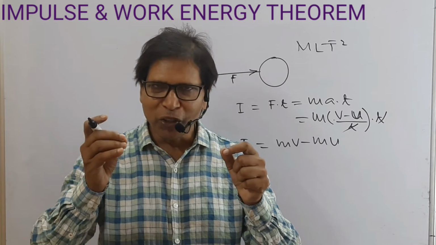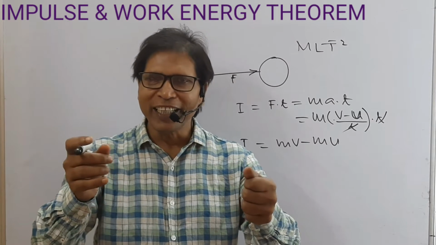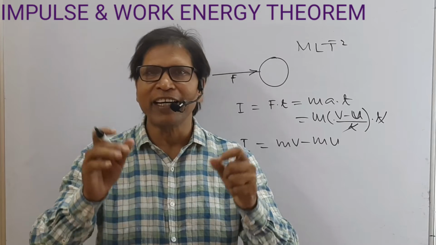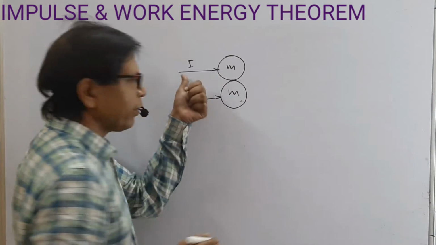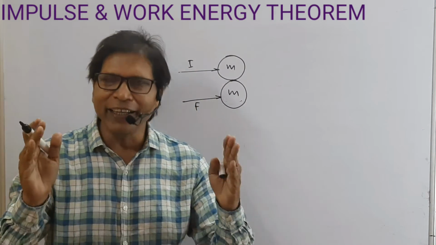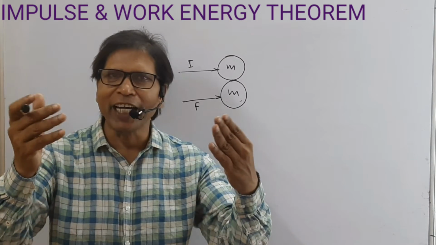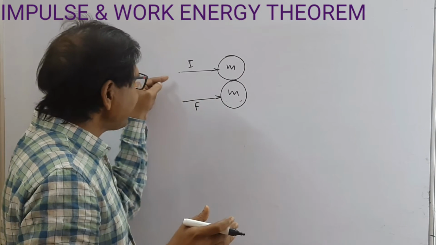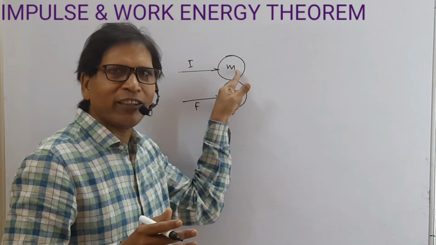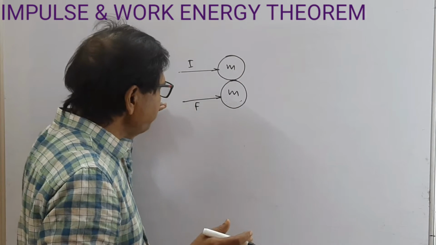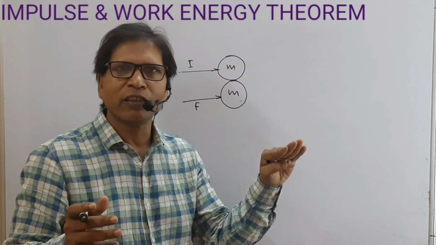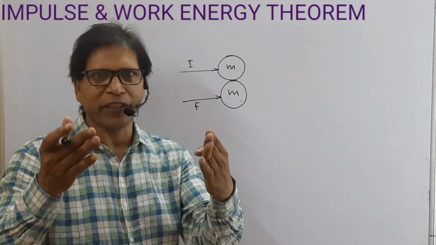Now we solve a problem relating to impulsive force and impulse. Look at this. Two bodies of identical mass are placed side by side. Now impulse I acts on one body and a force F acts on the other, until they meet.